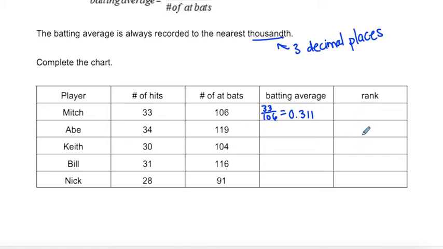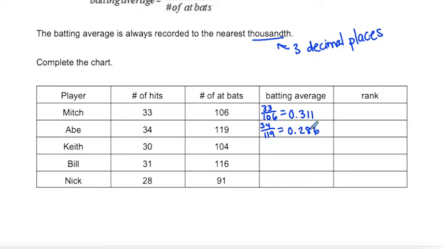In order to figure out the rank, I have to find out all of the batting averages first and then work from that way. For Abe, his batting average will be 34 divided by 119. And that works out to be 0.286.